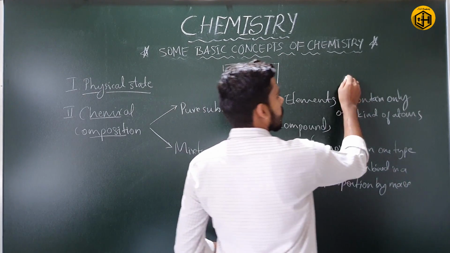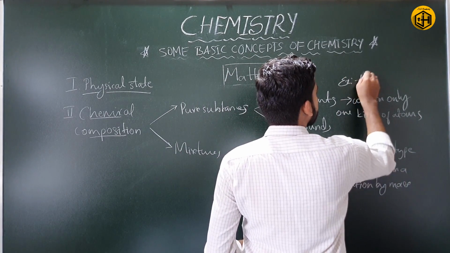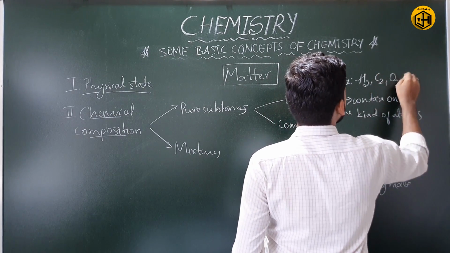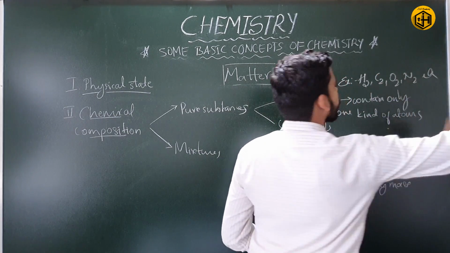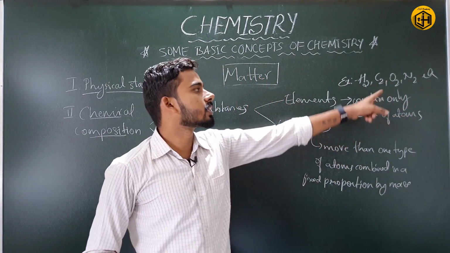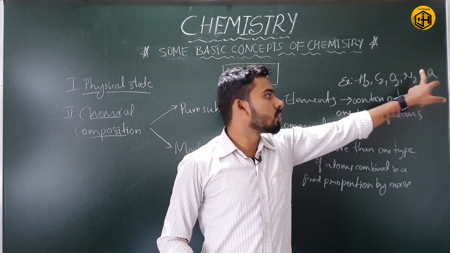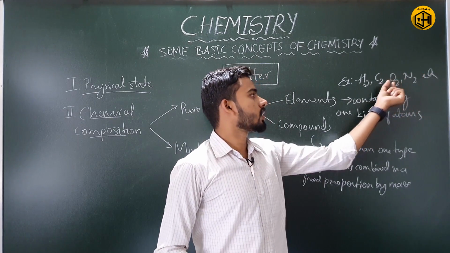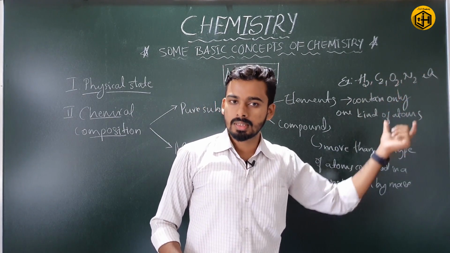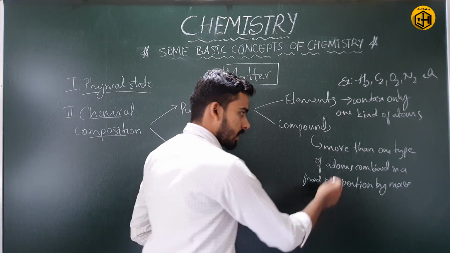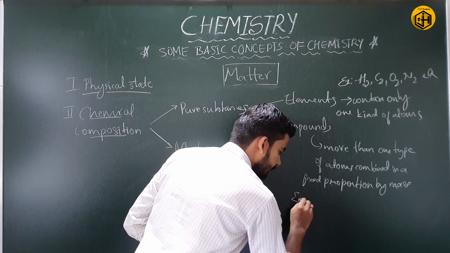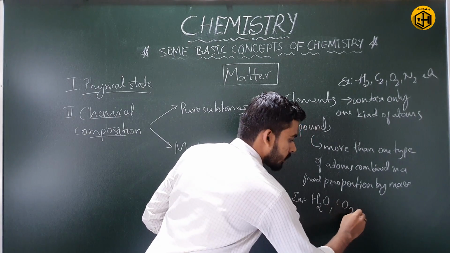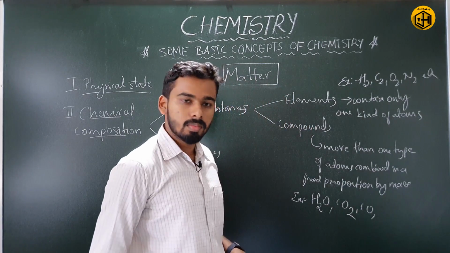Here you can give the example H2, C2, O2, N2, etc. Hydrogen, carbon, oxygen, nitrogen: two nitrogen here, but both are the same type of atoms. But for compounds, for example, water is a compound, carbon dioxide is a compound, carbon monoxide is a compound.